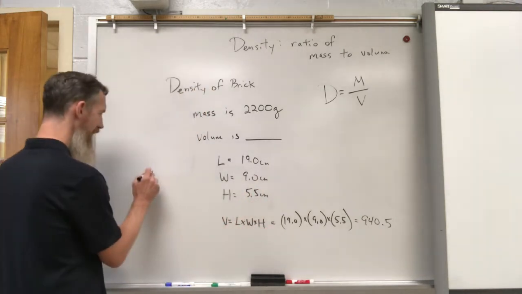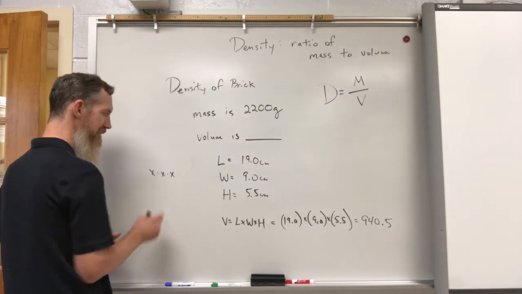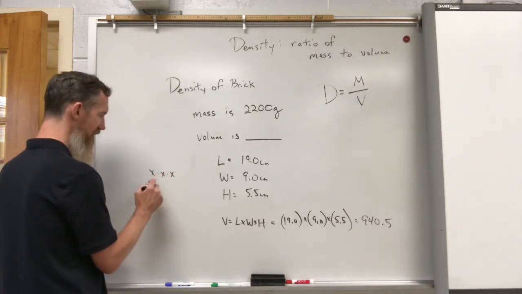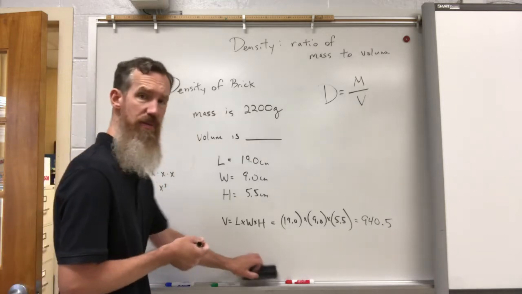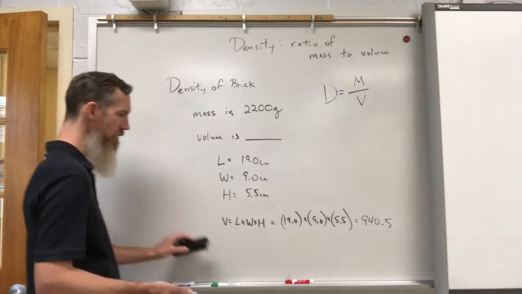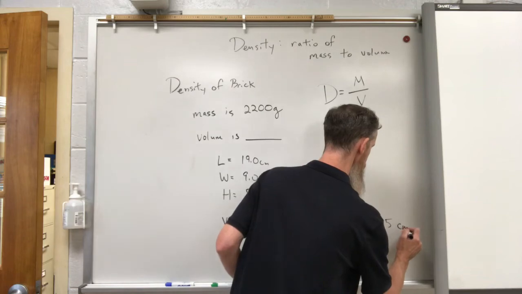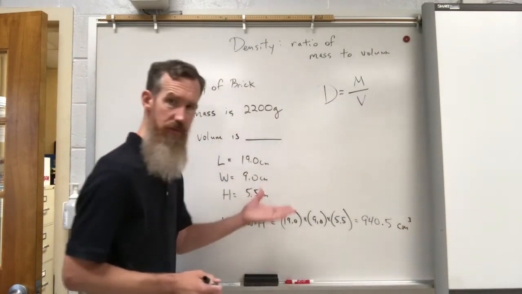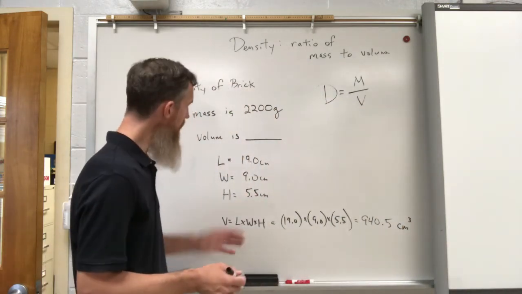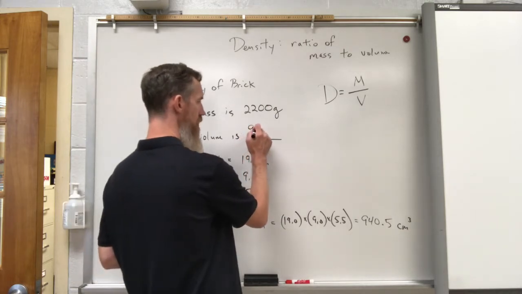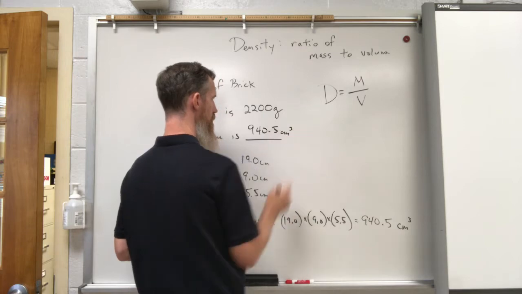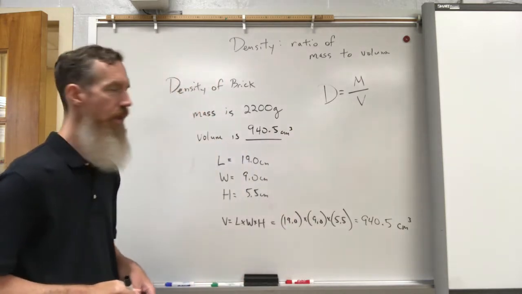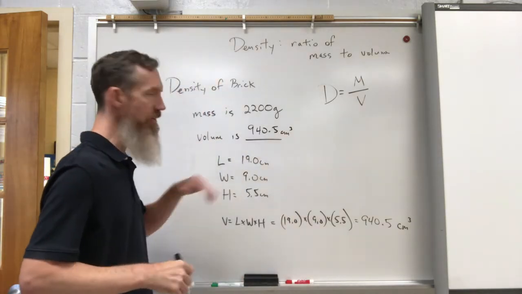If you have x times x times x, that's x cubed. You have to do the same thing with units. You have to be aware of the units. Centimeters cubed. So I had to do a little bit of work to find that volume.